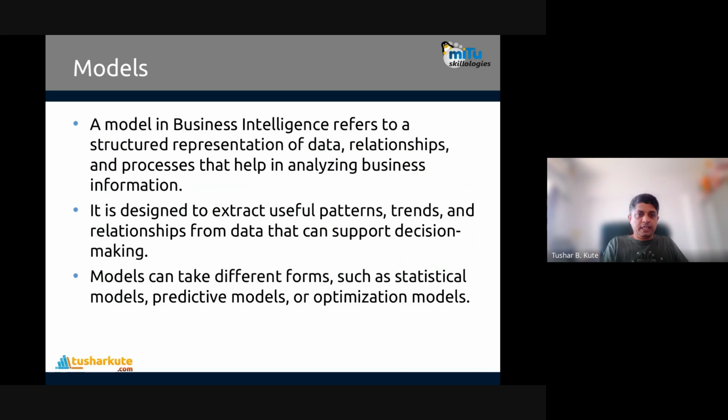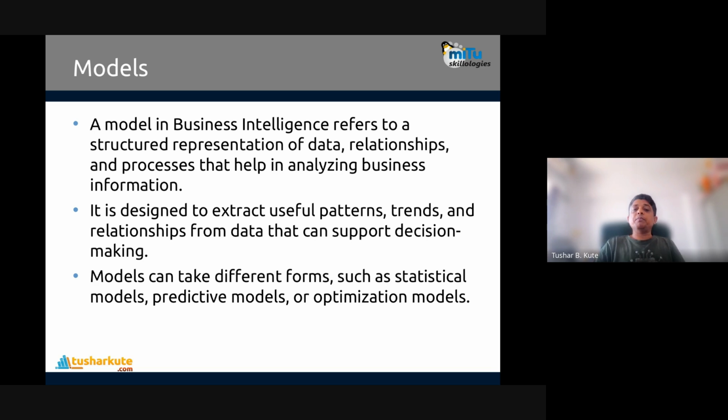Those structures are identified in the model. And these models are designed to extract useful patterns, trends, and relationships. These three things are taken, like in pattern recognition in machine learning, the same ideas are used. But what's the outcome? They can support the decision-making process. For that purpose, models are taken.